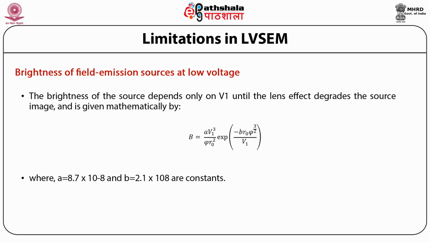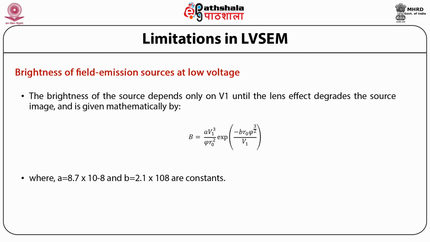In principle, the geometric parameters can be adjusted for an efficient emission from the tip with V1 equal to 1 kilovolt.